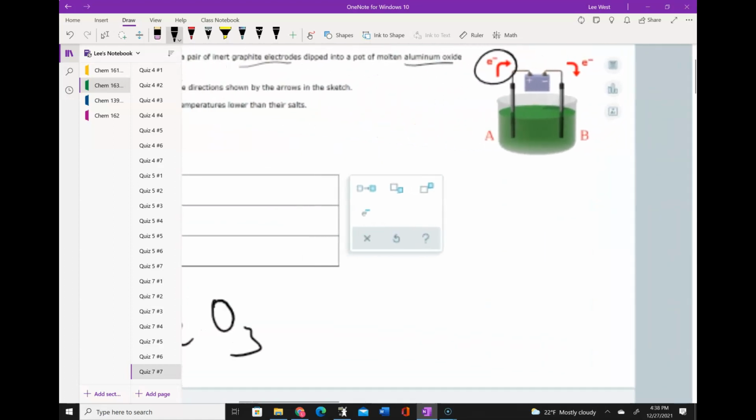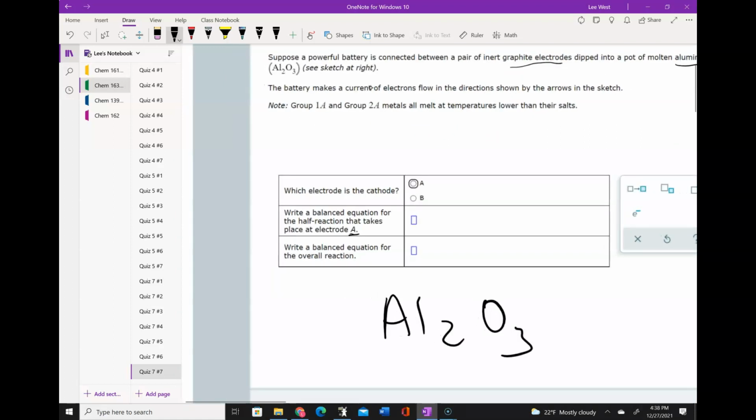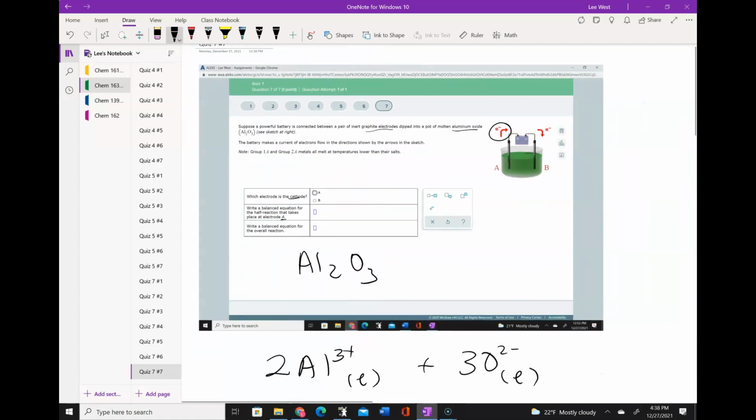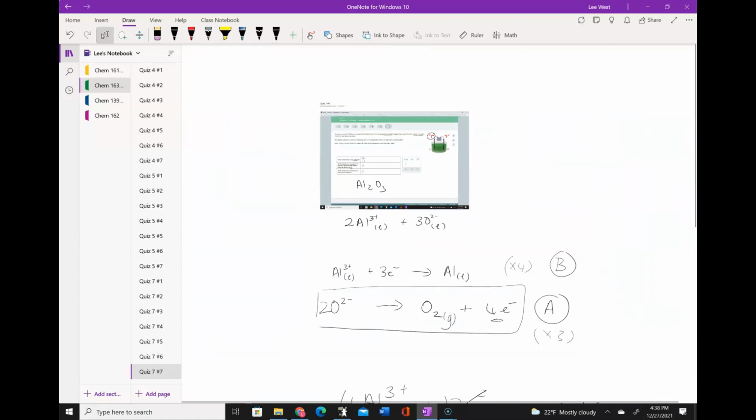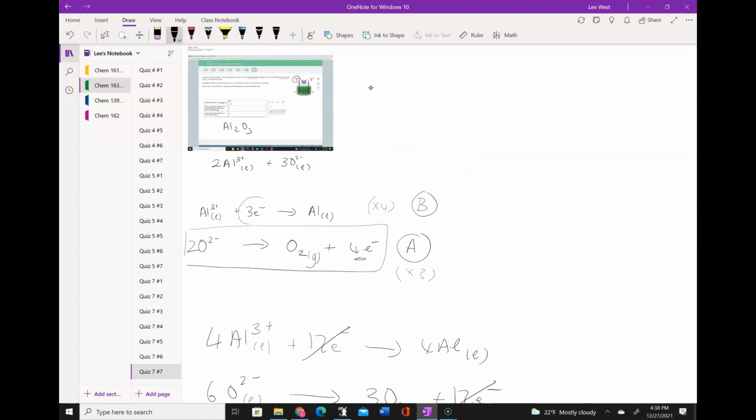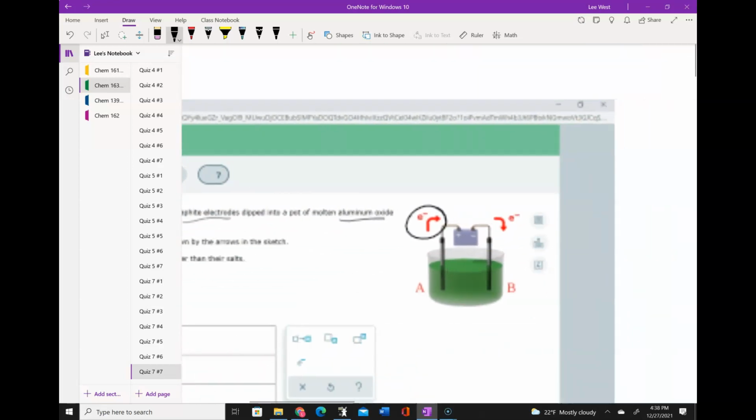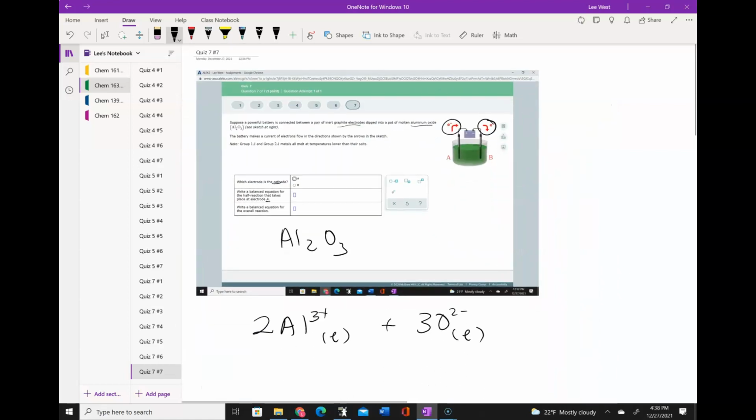So it asks here, what is the cathode? Cathode is where reduction occurs, which is where electrons are gained. So it's got to be this one. So that's the cathode. Okay, that's where electrons are gained, right? And that's consistent with our diagram as well. Electrons are moving into B. So which electrode is the cathode?